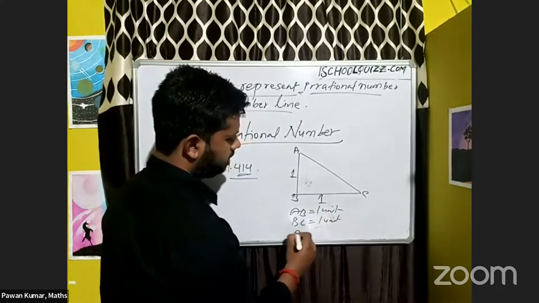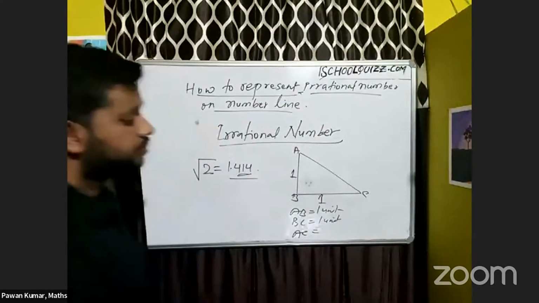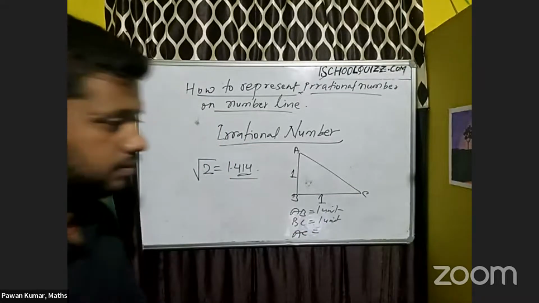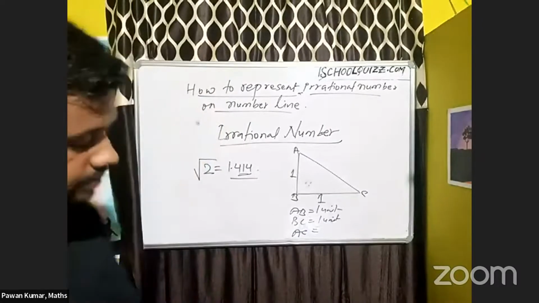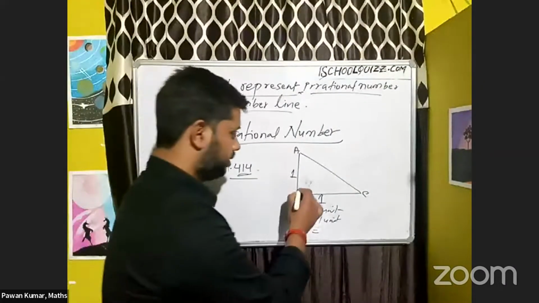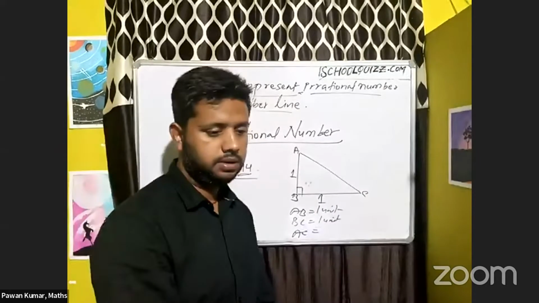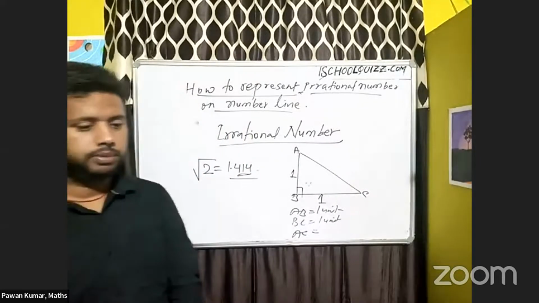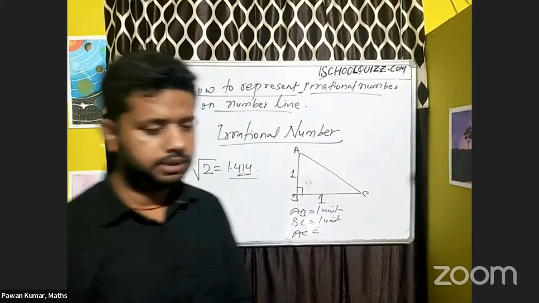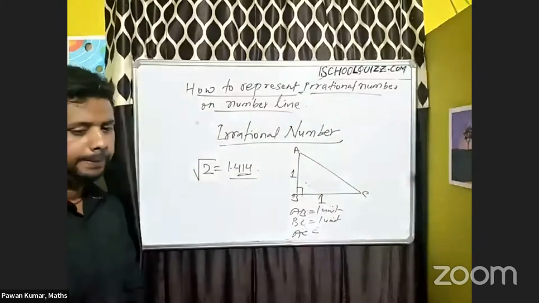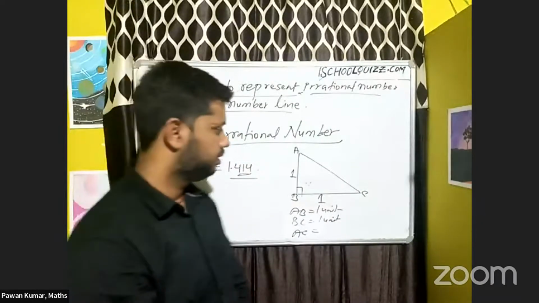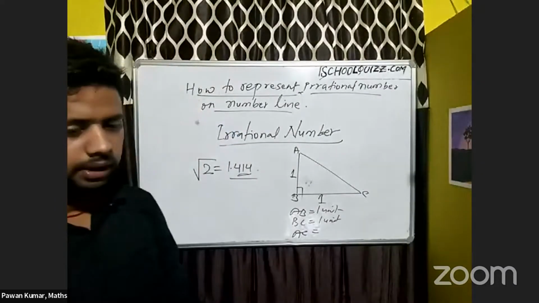Then what about my AC? This is a right angle triangle, suppose. How can we represent that one? How much will AC be?